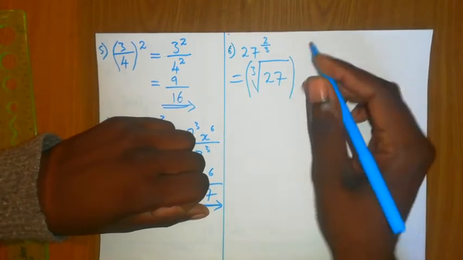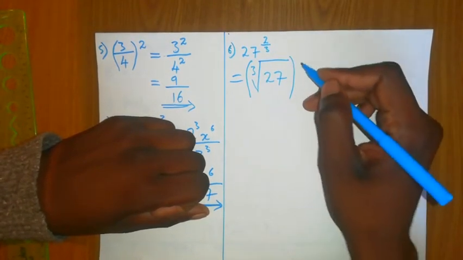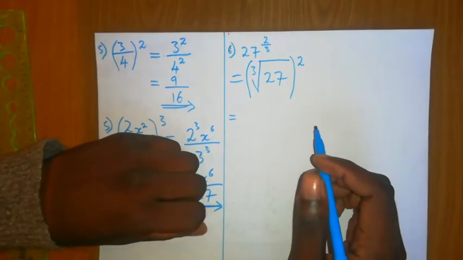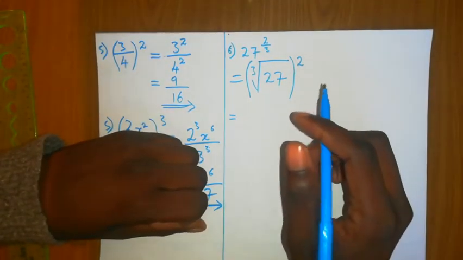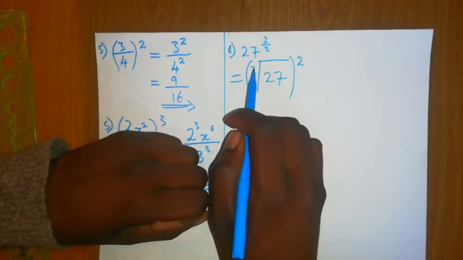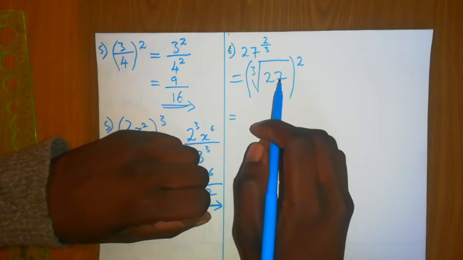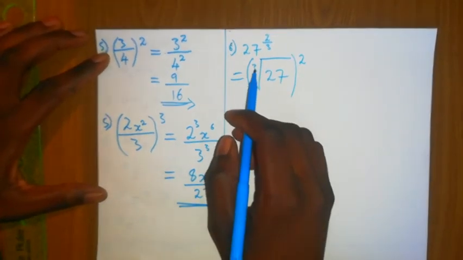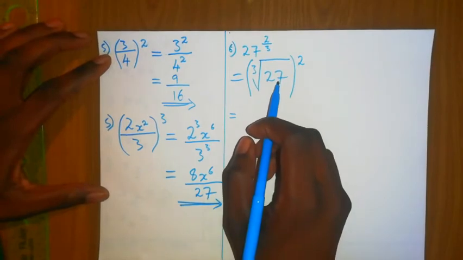I'll put my brackets. My numerator is going to be that side. So this means that I want a number which multiplies itself 3 times and gives me 27.